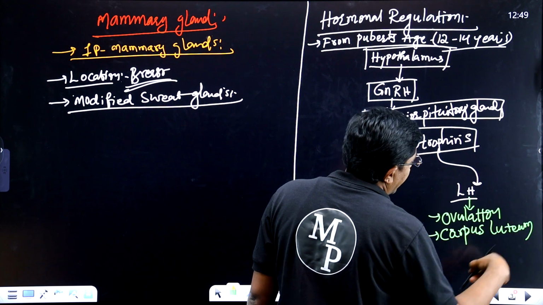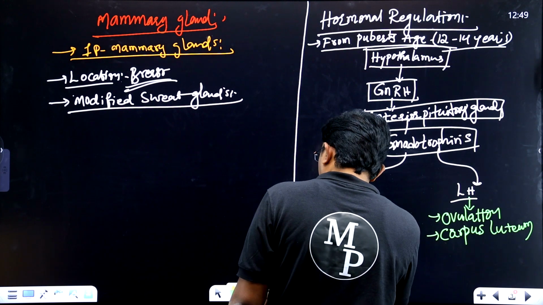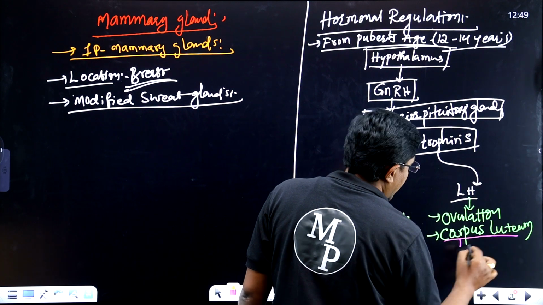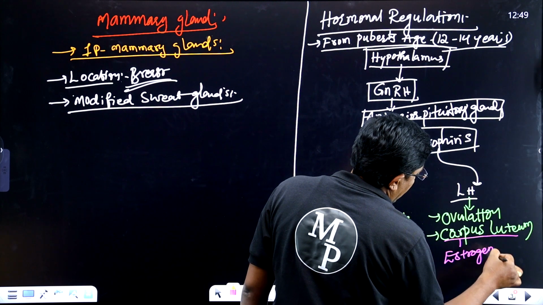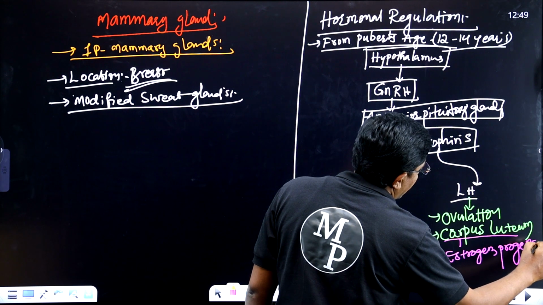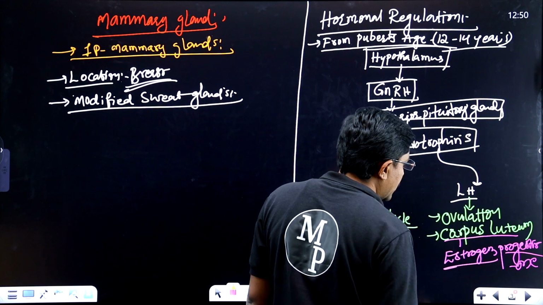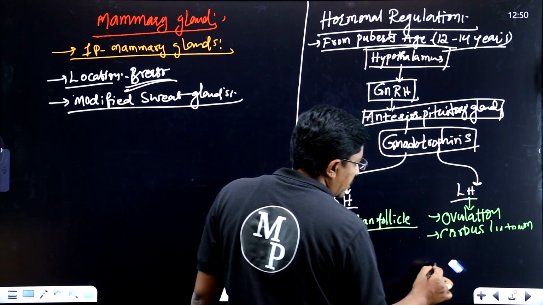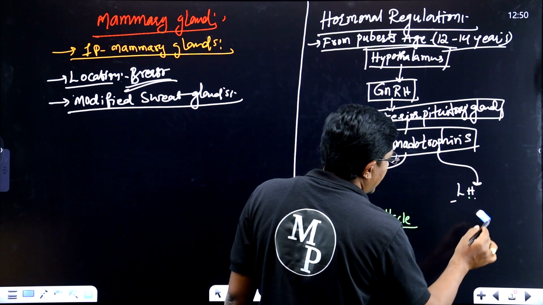From the corpus luteum, the main hormones released are estrogen and progesterone. Okay, I'll write this once again.